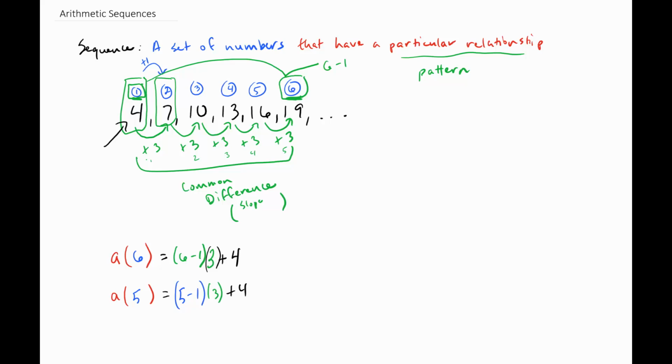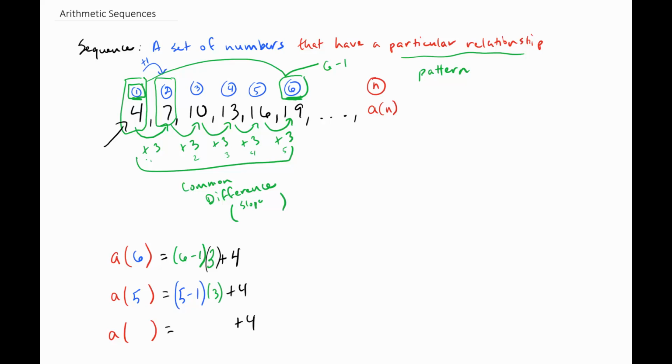Now, for some of you, I hope you know where I'm going with this. If I want to know what a of n is, well, that's the nth term. So I can do basically what I did here and write out everything that hasn't changed. If you notice, the 4 was always there because I was starting at 4.